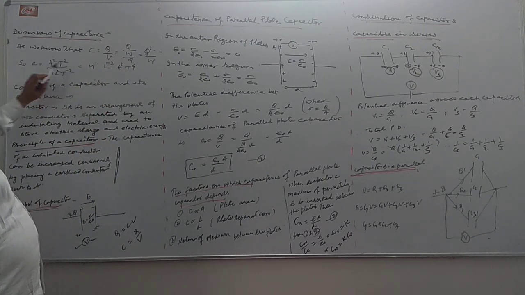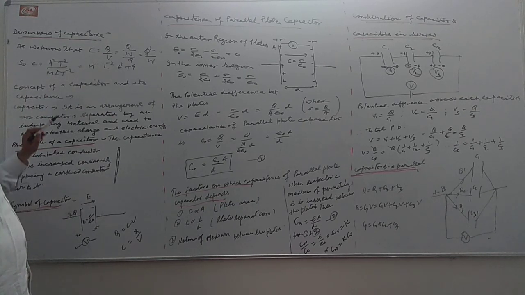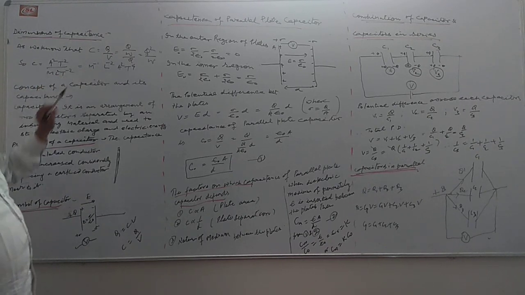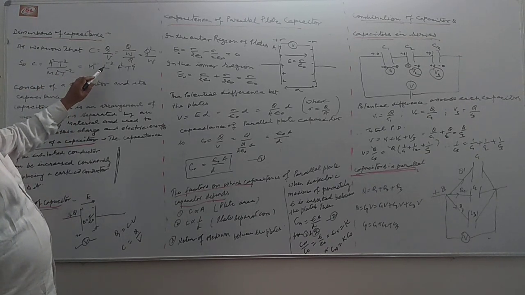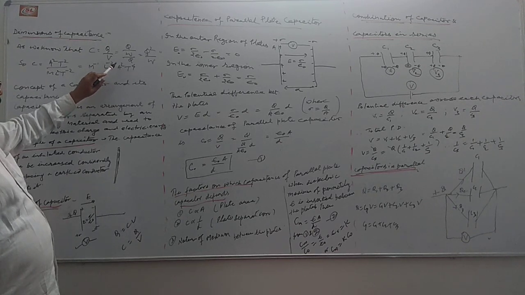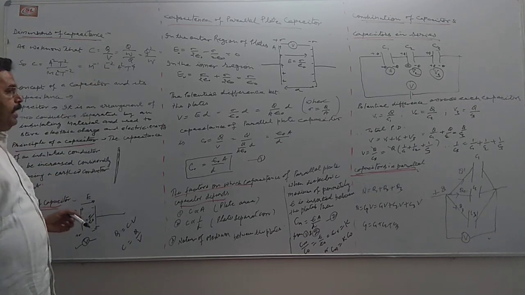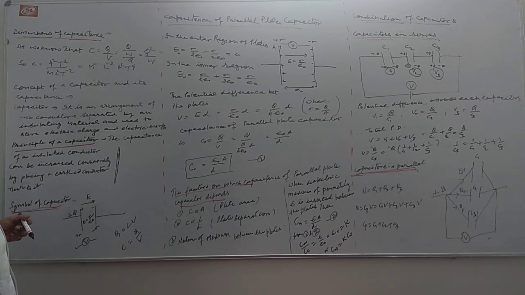So the dimension for Q, electric charge, is AT. So for Q square it is A square T square upon the dimension of work done, that is ML2T minus 2. So it becomes M minus 1 L minus 2 A2 T4. This is the dimension of electrical capacitance of a conductor.